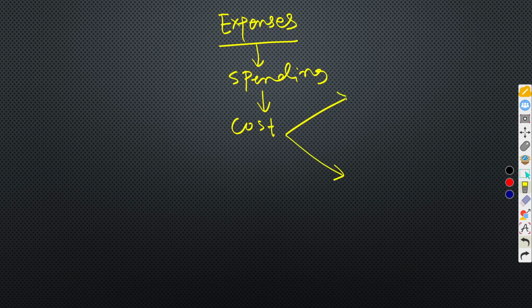As I said, expense means spending, or in other words, cost, right? When we say cost or spending, ultimately you would see there are two movements. One is that cash will go out or reduce.